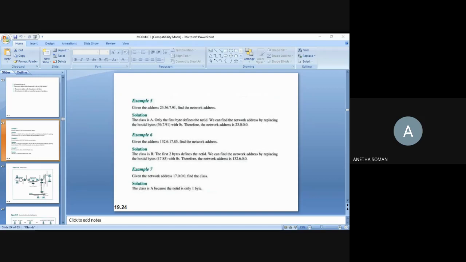So in order to reduce or alleviate this address depletion, two strategies were proposed. One is called supernetting and the other one is called subnetting.